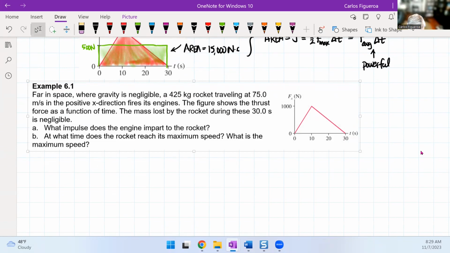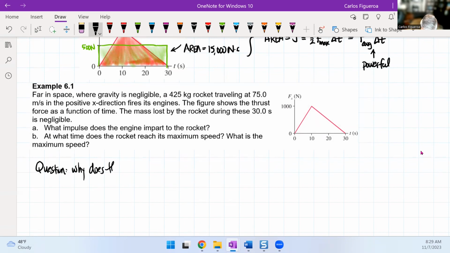This was the question that I asked in lecture, and if I remember correctly, Owen was the one that answered it: it's at 30 seconds. So the question is, why does the rocket reach max speed at t equal to 30 seconds?